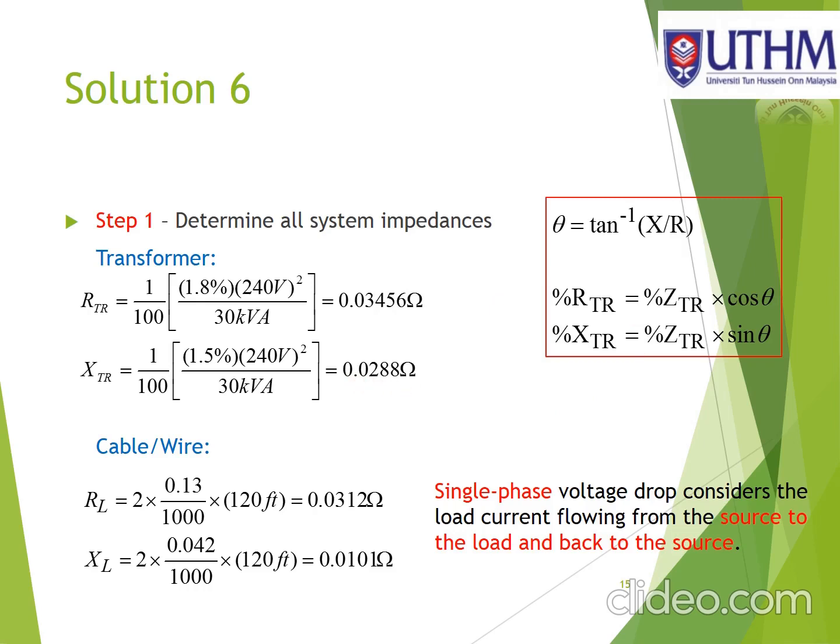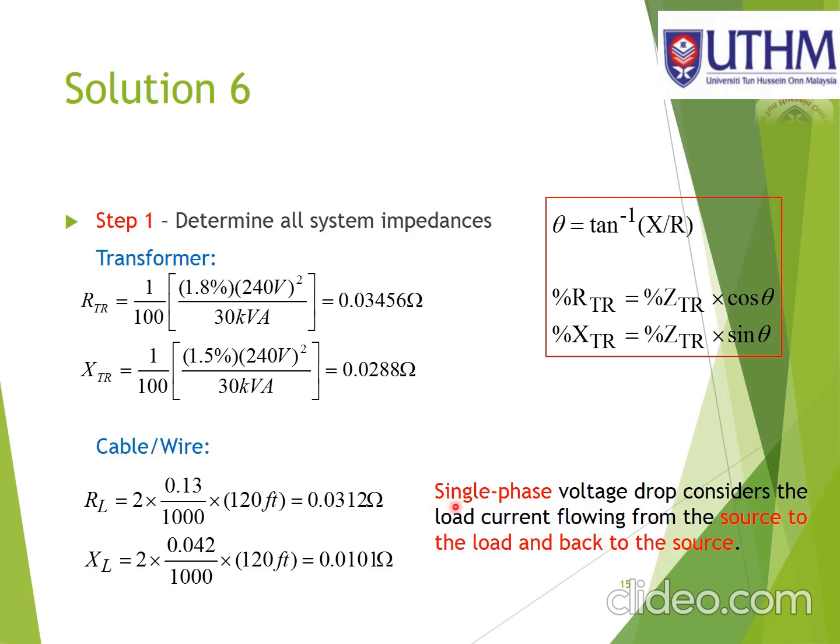And then we go to cable or wire. I already explained how to get the RL and XL for cable in part 1A. For this example, we know that this is single phase.